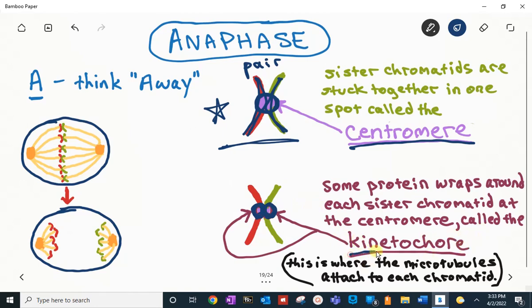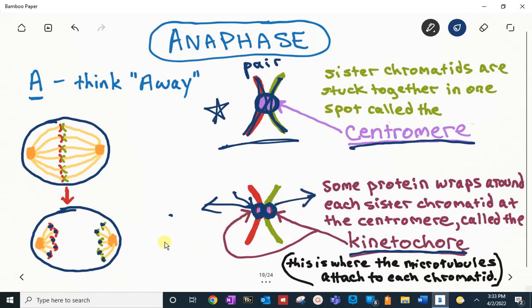And this protein is called the kinetochore. The kinetochore is actually where these microtubules attach to each sister chromatid, and it's these microtubules attaching to this protein, this kinetochore, that enables them to pull them apart.